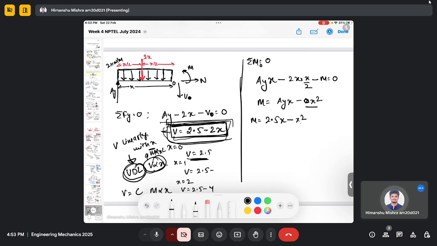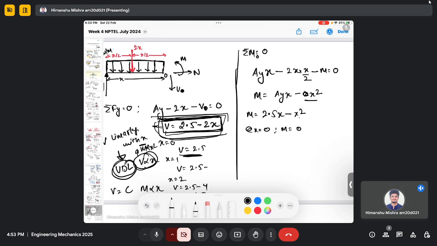And you can find, at x equals 0, your bending moment is 0. And at x equals 1, our bending moment is 2.5 minus 1, and it is 1.5 kilonewton meter. At x equals 2, it will be 2.5 multiplied by 2 minus 4, so it is 5 minus 4, 1.